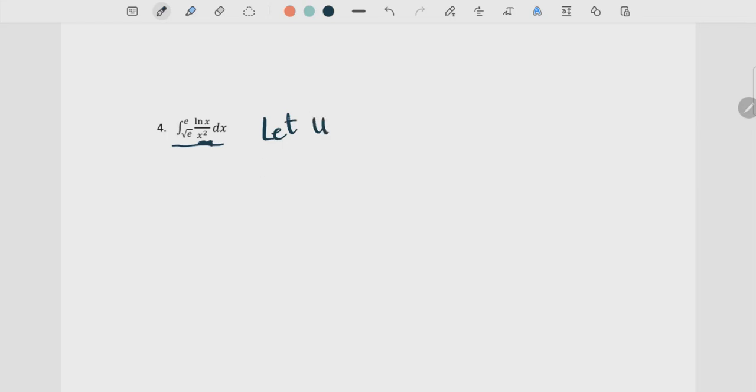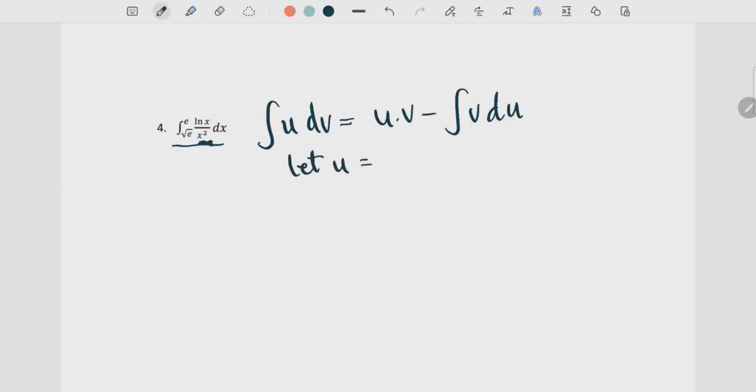If we go back to our formula for integration by parts, which was the integral of u dv is uv minus the integral of v du. For this specific problem, what should be our u? What can be our dv? Suggestions?